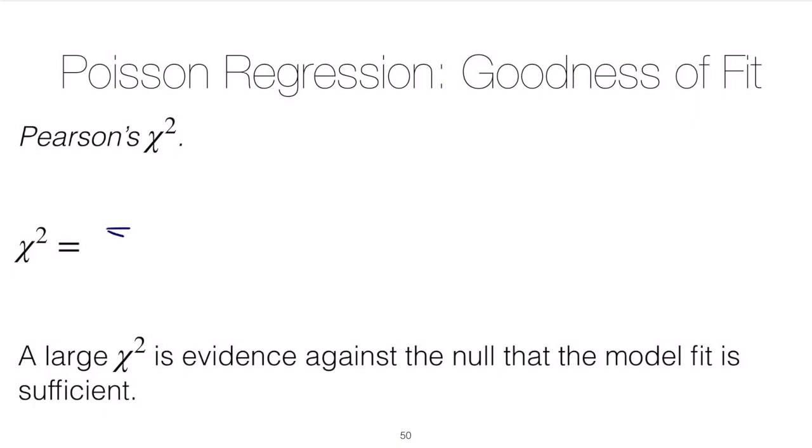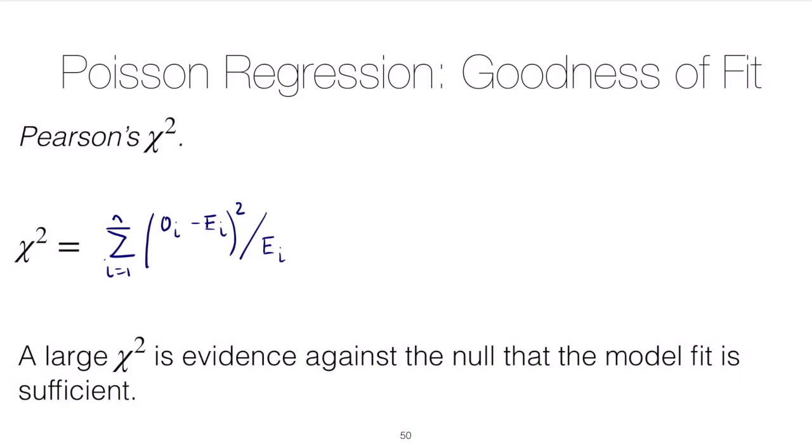It will be a sum from i equals 1 up to n. The general way that it's written is something like this: (O_i minus E_i) squared divided by E_i, where O_i is the number of observations, so this would be the count, say, in a Poisson regression, or in a binomial regression it would be the number of successes in n trials, minus what you would expect under some assumed distribution, and we would square that and then divide by E_i.